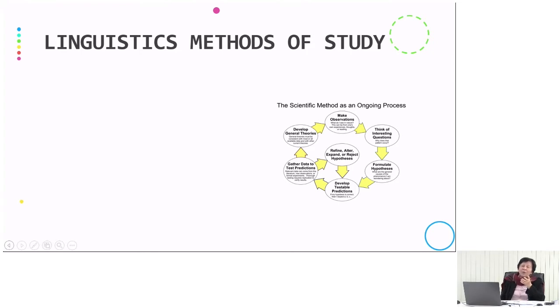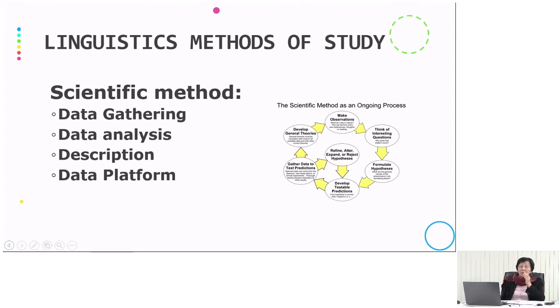If you are going to study linguistics, what kind of methods are you going to use? Remember that the first time I mentioned that linguistics is the study of language. Linguistics is a scientific study of language, right? So what does it mean by scientific?